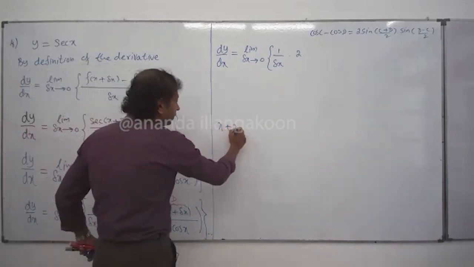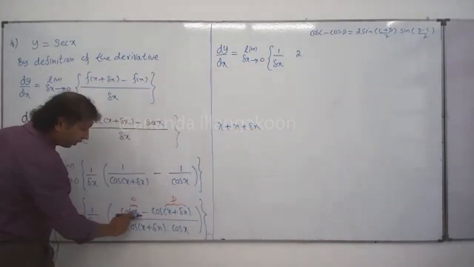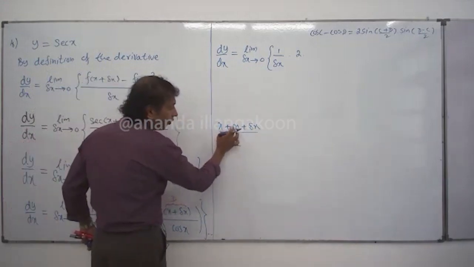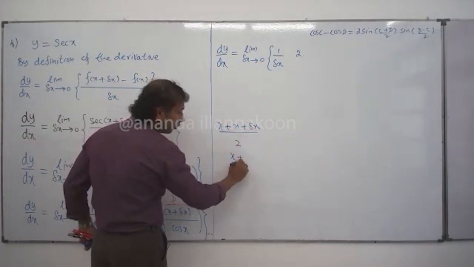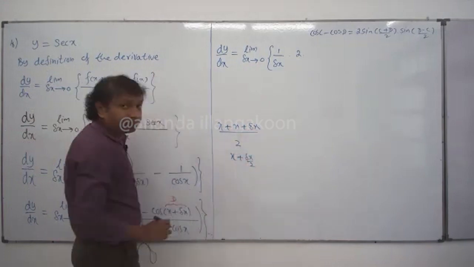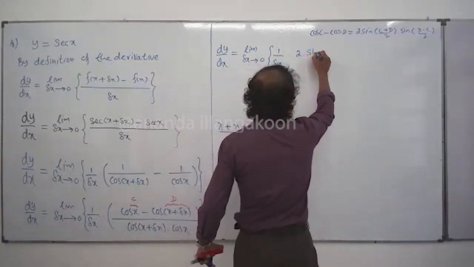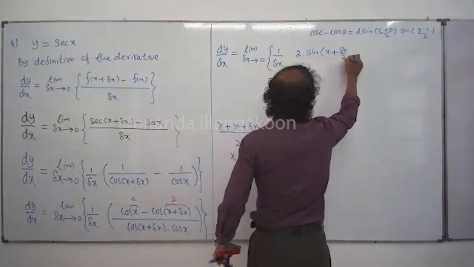Last time also I discussed this. This is the sum of this and this that we have divided by 2. X and x, 2x, divided by 2 means we get x. And this delta x should be divided by 2. This is what we get for (c plus d) by 2. Understood? So 2 sine (c plus d) by 2 is going to be (x plus delta x) divided by 2.